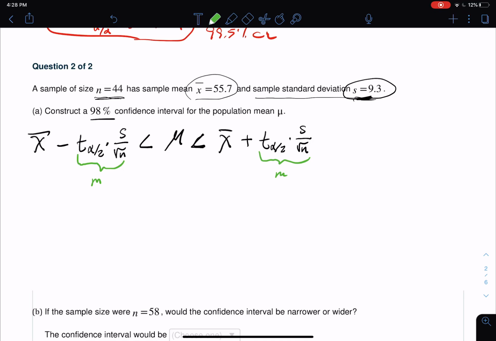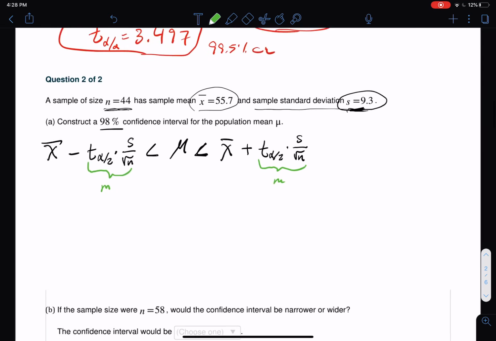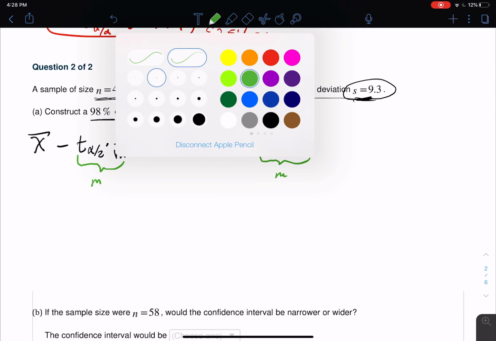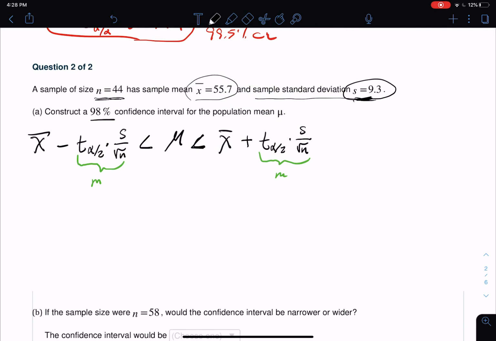Okay, so some of the things we're going to need here, I'm going to need some of this information. Well, we can see that we have an n value of 44, so that means our degrees of freedom is 44 minus 1, which is 43.